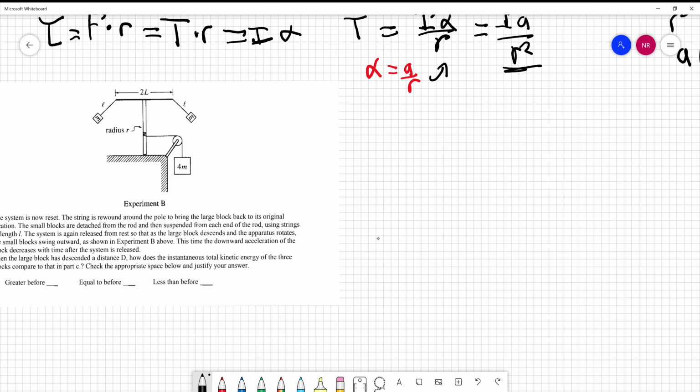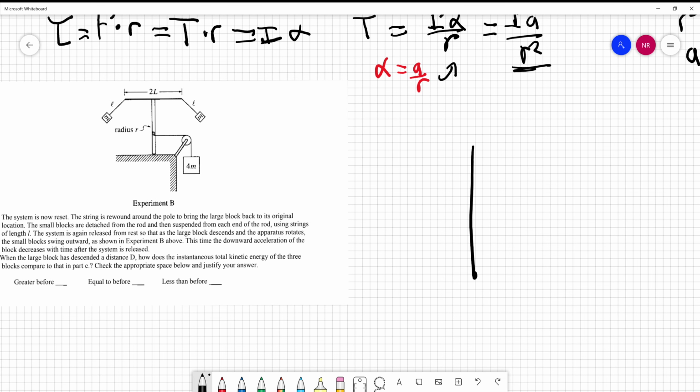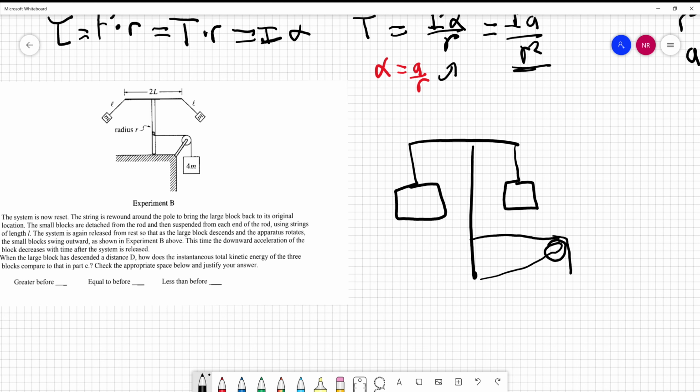Okay, so this system, when it's at rest, before we let go of the 4m block, is going to just look like this. It's going to be the two masses hanging from the apparatus, and then the pulley here, and then the string is going to be coming down, and the 4m block is over here.